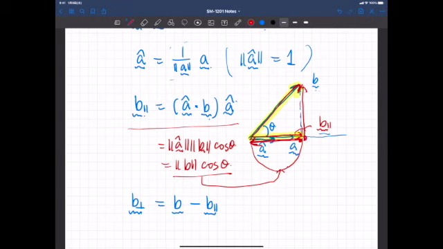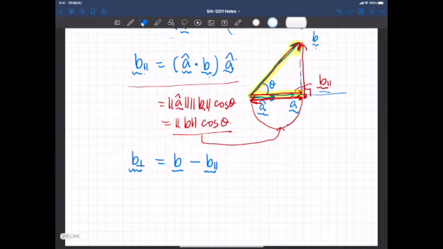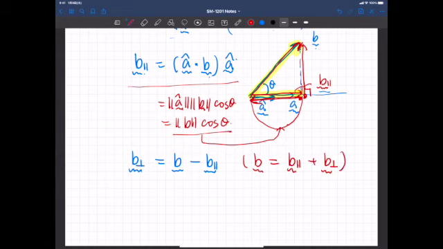That is perpendicular to A. So this is the component of B that is perpendicular to A. In other words, vector B is the sum of B parallel plus B perpendicular.